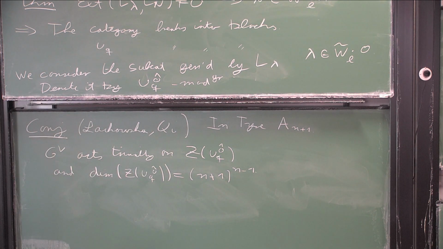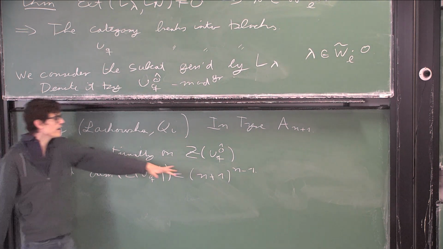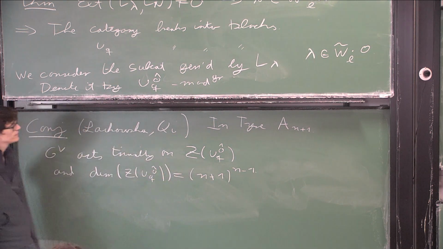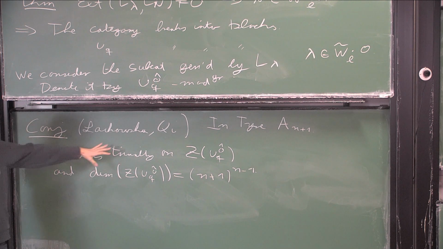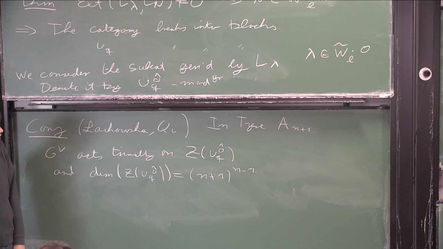So this number here, n plus 1 to the n minus 1, is also the dimension of the diagonal coinvariants. I will get to that also towards the end when I talk about the newer results. But this was sort of the original conjecture.